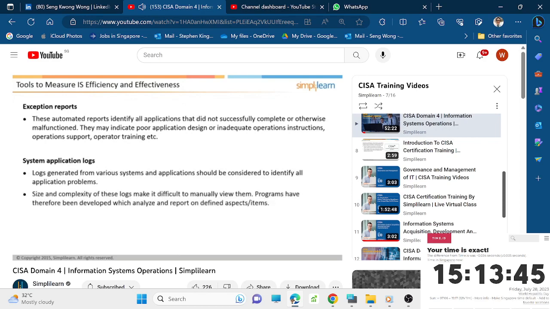The size and complexity of these logs make it difficult to manually view them. There are various programs that have been developed to analyze and report on defined aspects and items. Let us look at other tools of measuring the efficiency and effectiveness of an IS.